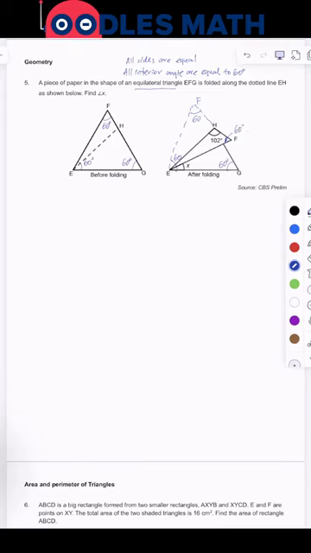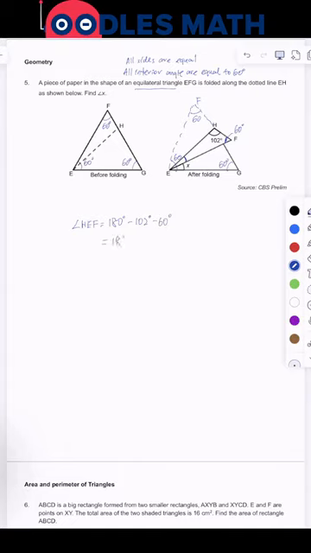Okay, so once we know that this is 60 degrees, what does that tell us? Can we find this angle here now? Okay, we can find this angle. So angle HEF will actually be 180 minus 102 minus 60, which gives us 18 degrees.